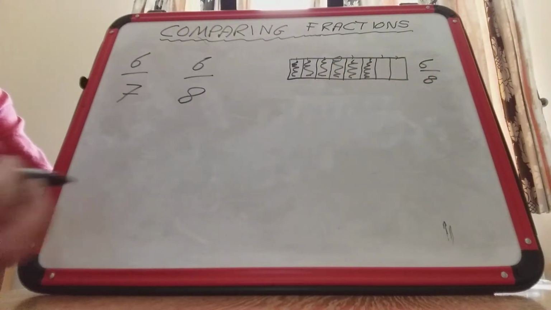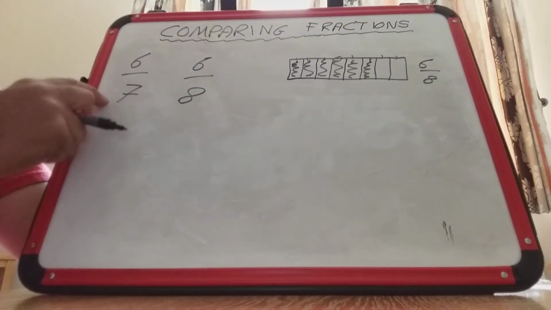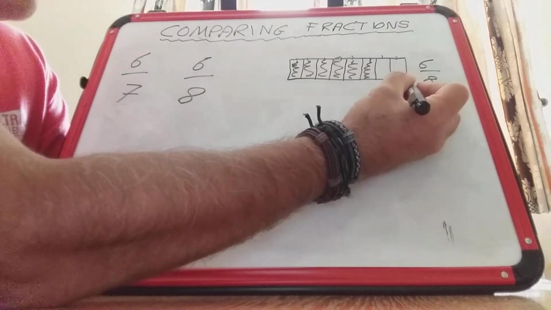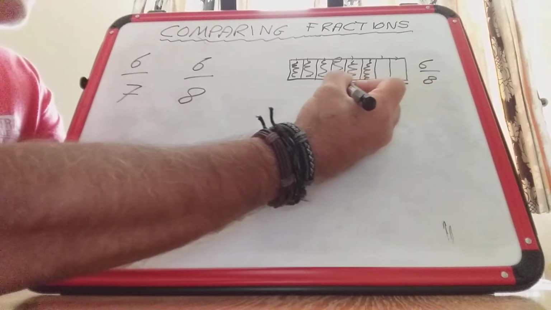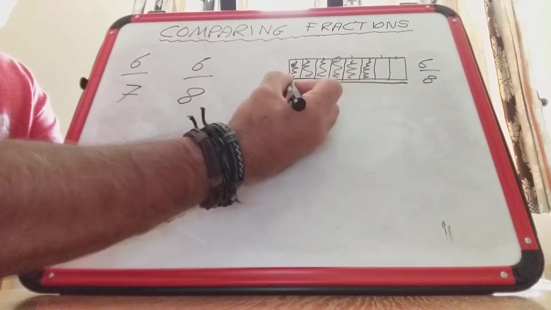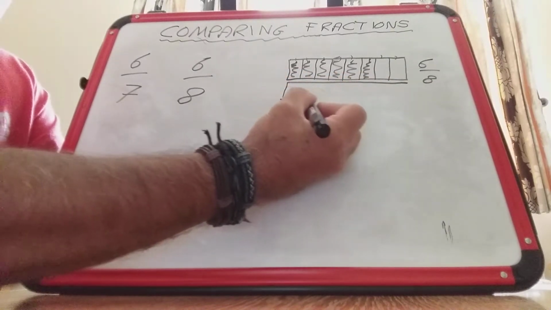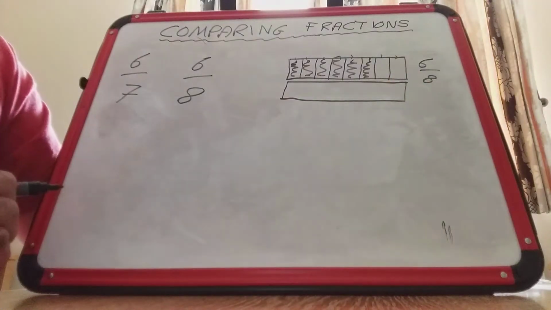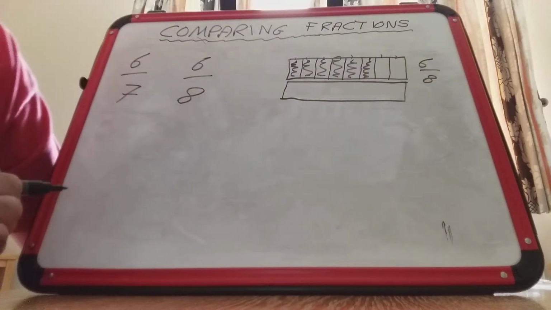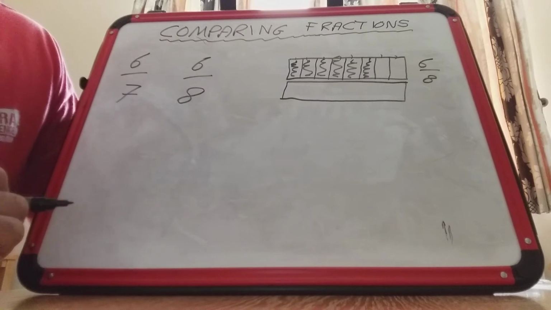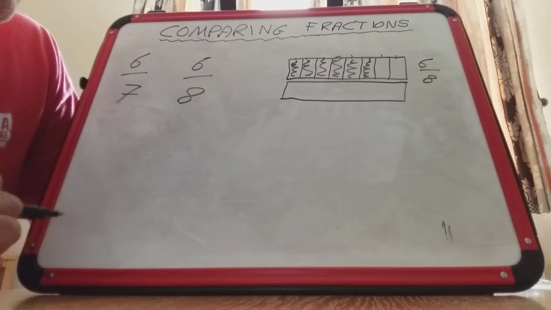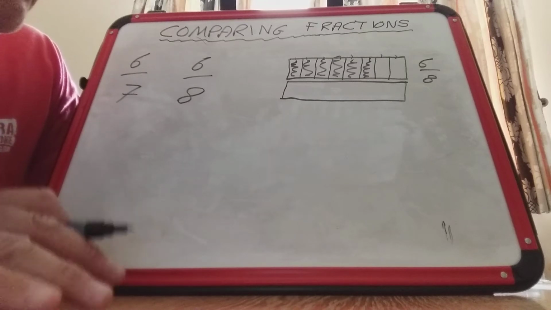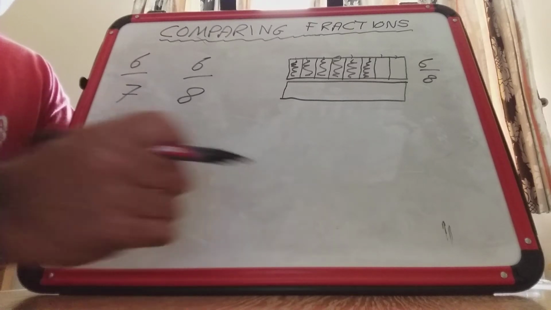Now, to represent 6/7 is going to be difficult, but let's at least start. Draw the rectangle, come down, go along, and back up again. To split that rectangle into sevenths is going to be really very difficult, but what you've got to do is think very clearly for a moment.